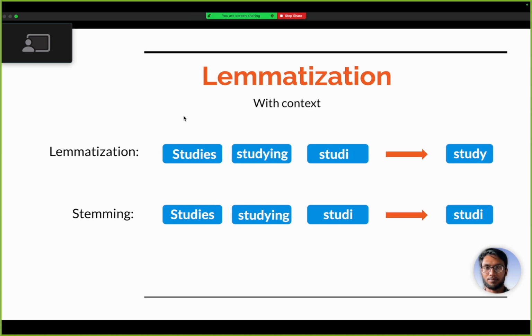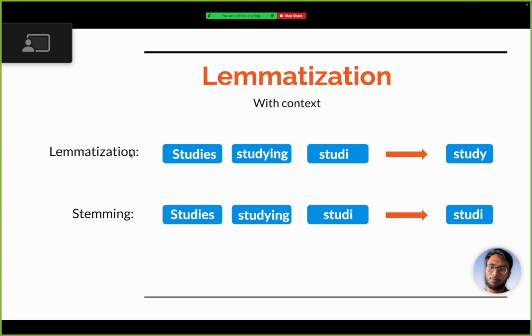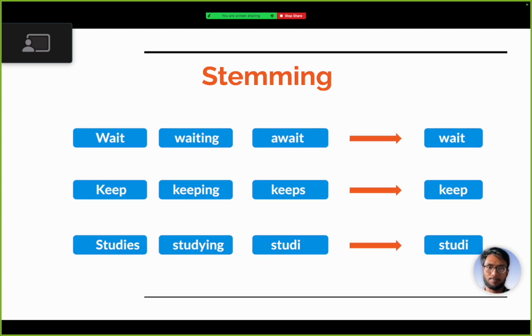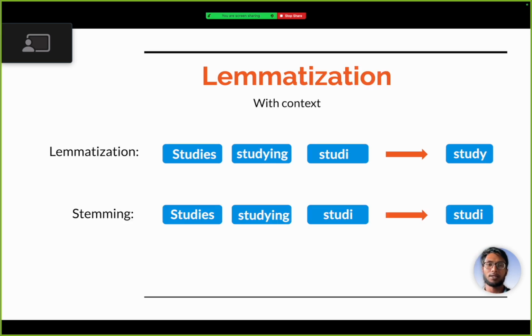Lemmatization, okay. Whatever it is, lemmatization is similar to stemming. Like we talked about stemming before, stemming and lemmatization are kind of similar, but lemmatization has the context of the sentence actually. We can see the example here.